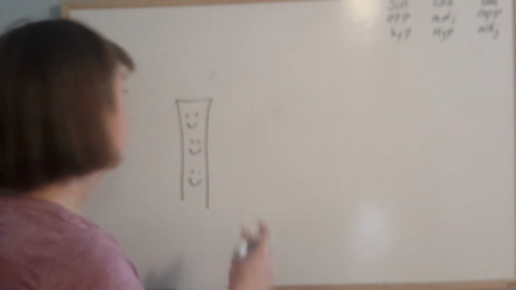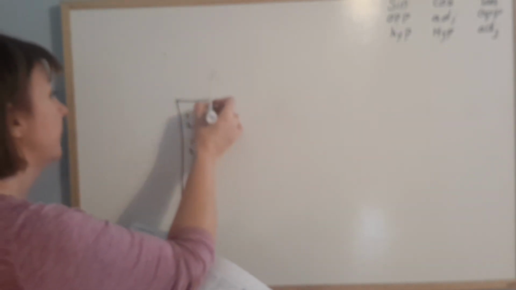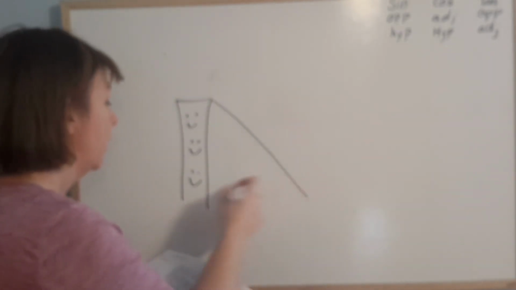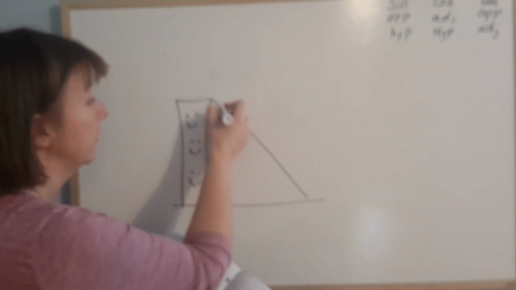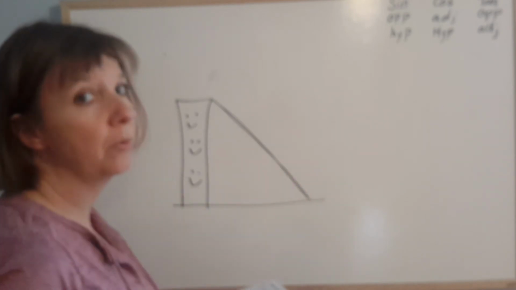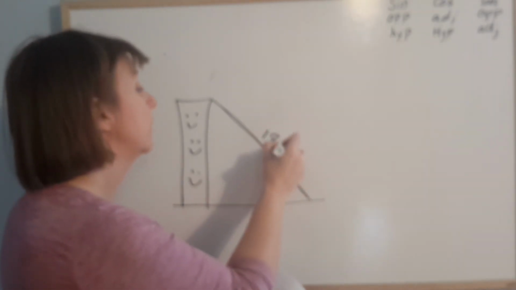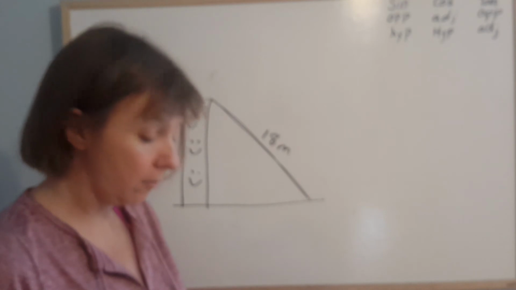The rope holding the totem pole is 18 meters long. So there's a rope coming off of here. Here's the ground. There's a rope anchoring the totem pole in place. That rope is 18 meters long.